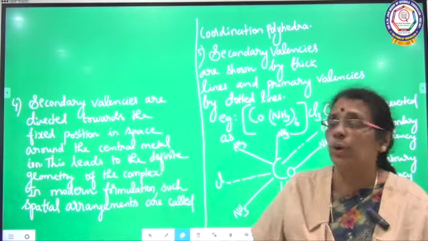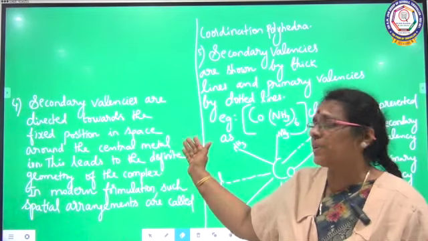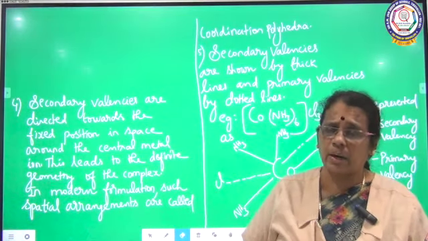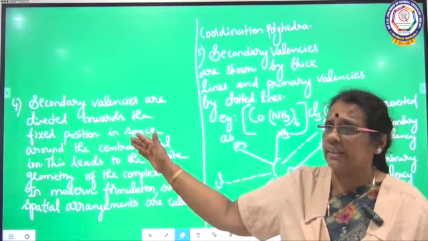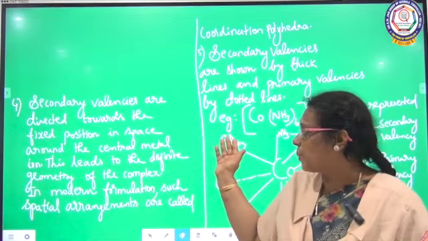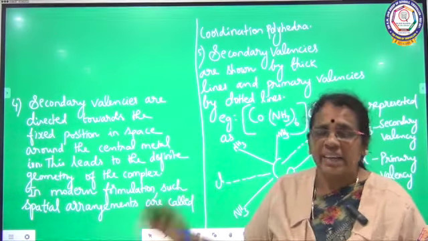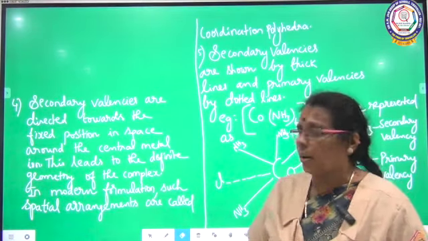Now we are going to see the fourth point. Secondary valencies are directed towards fixed positions in space around the central metal ion. This leads to a definite geometry of the complex.